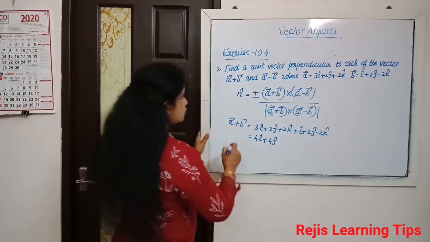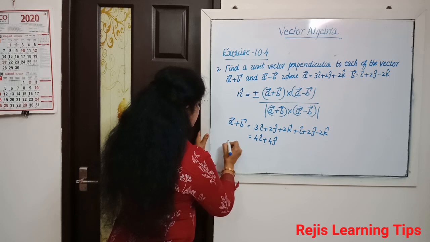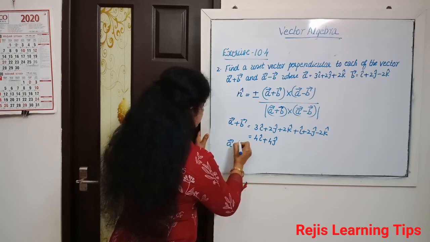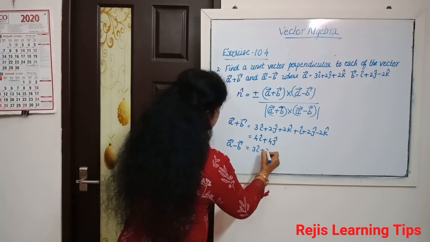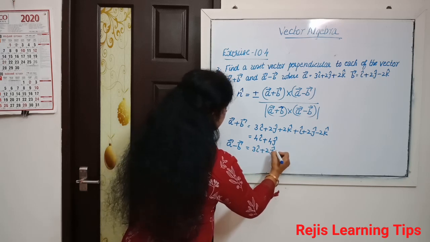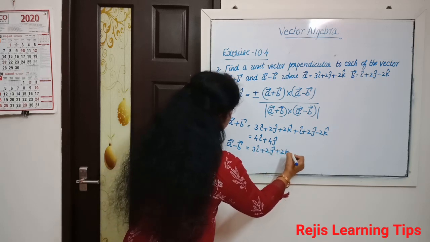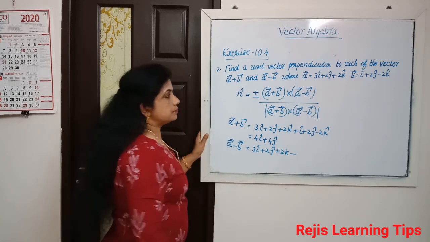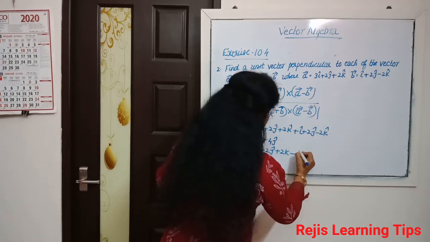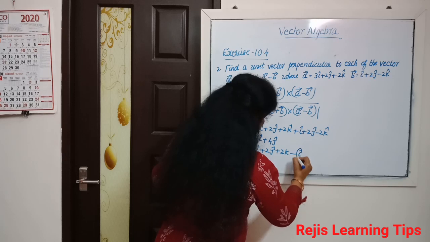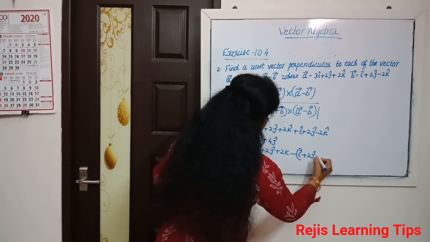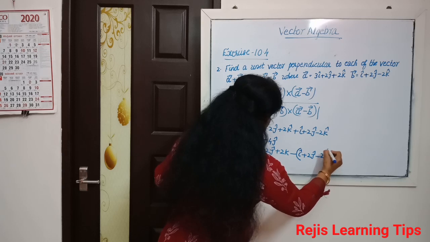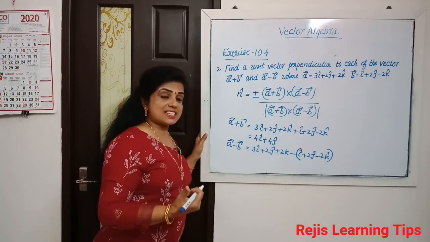Then next we should find vector a minus vector b, that is equal to 3i cap plus 2j cap plus 2k cap minus i cap plus 2j cap minus 2k cap. Am I correct?